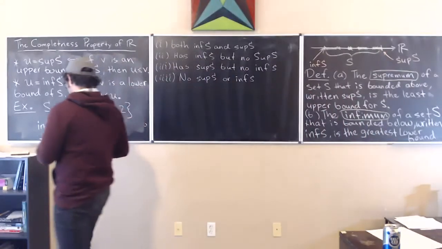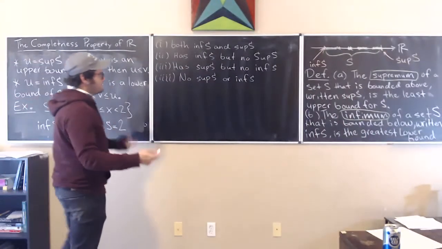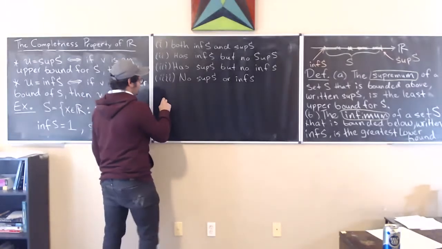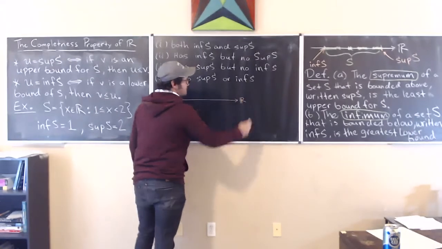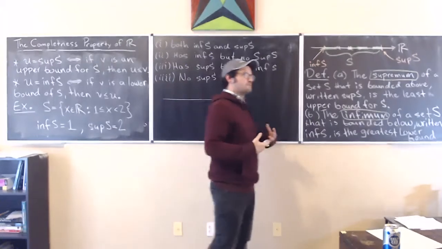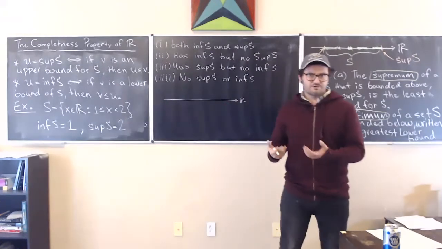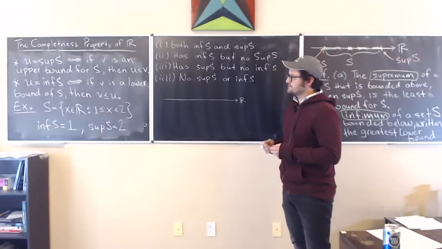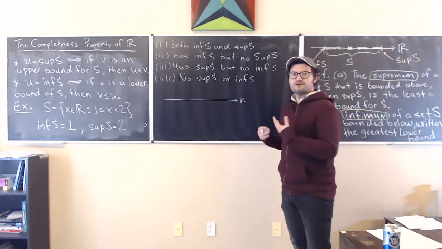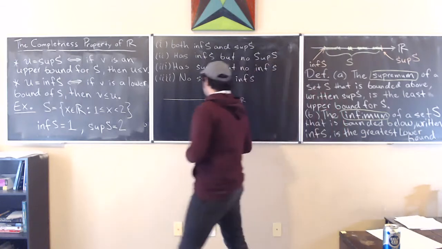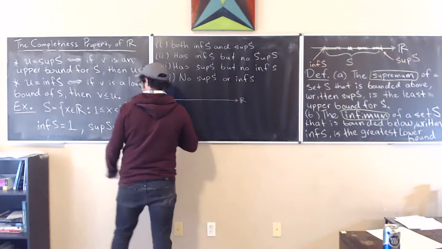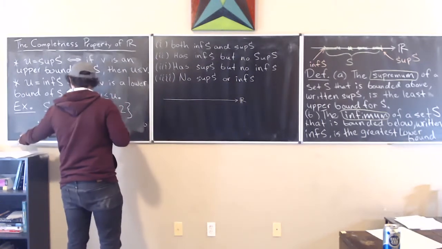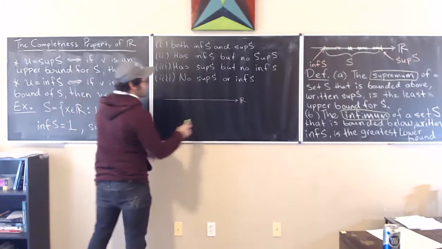So let's draw another picture and see if we can get a formal and visual or geometric representation of supremums and infimums. So let's suppose our set maybe looks like this.